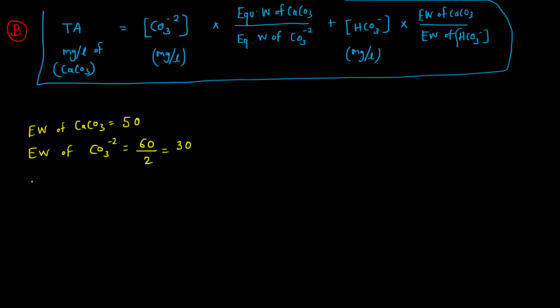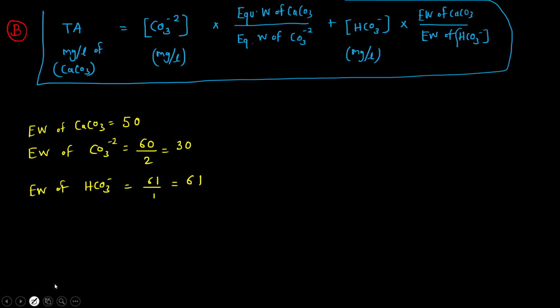Similarly, equivalent weight of bicarbonate ion is equal to molecular weight of bicarbonate ion. So hydrogen 1, carbon 12, oxygen 16. 1 plus 12 plus 48, this will be 61, valency is 1. So equivalent weight of bicarbonate is 61.